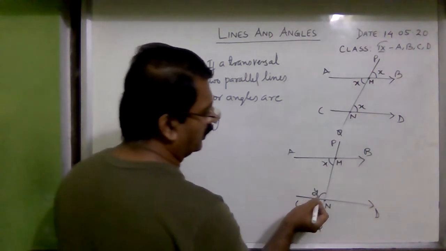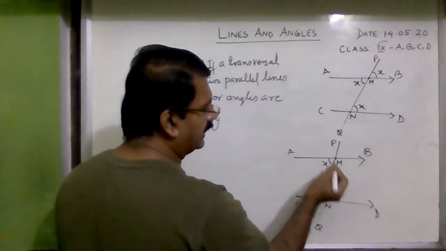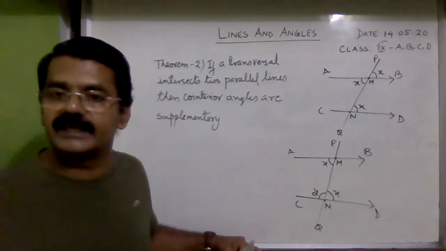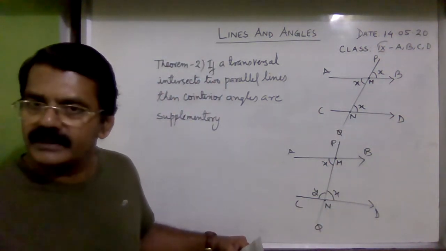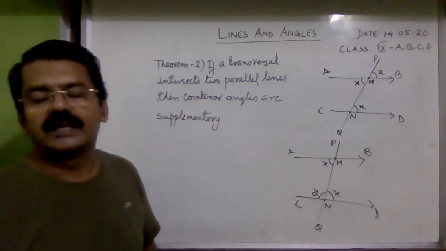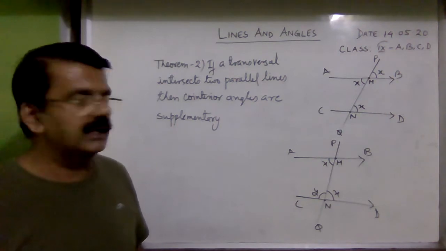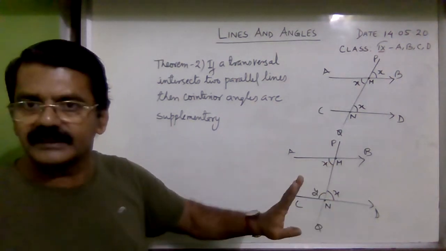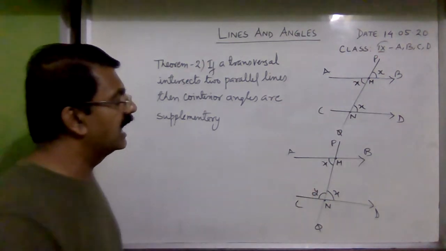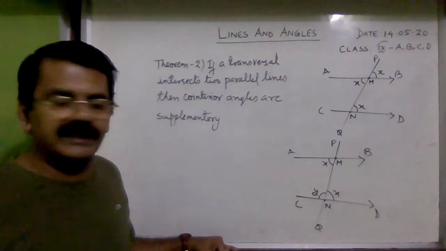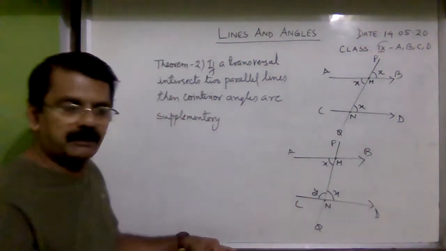Now first of all, if that angle is x, then this angle will also be x because they are alternate interior angles, and in theorem 1 we have already proved that when the lines are parallel, the alternate interior angles are equal. And x plus y will be 180 degrees because they are forming a linear pair.